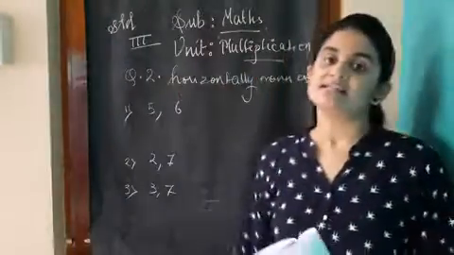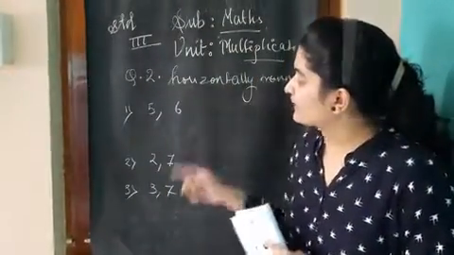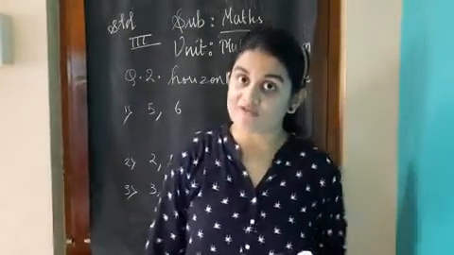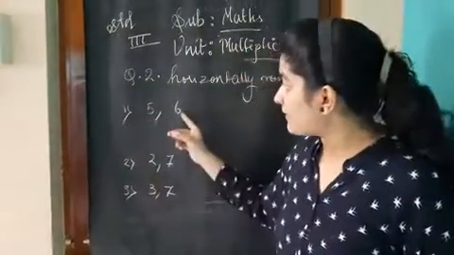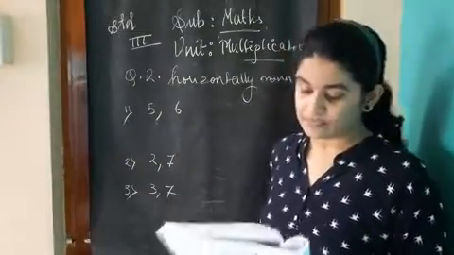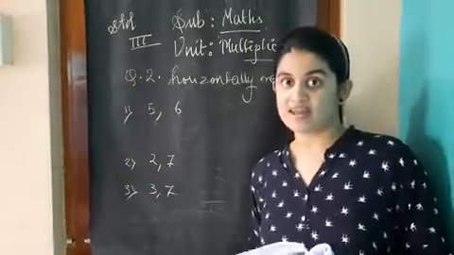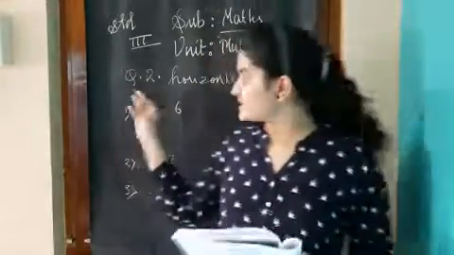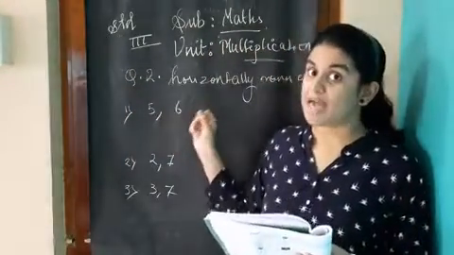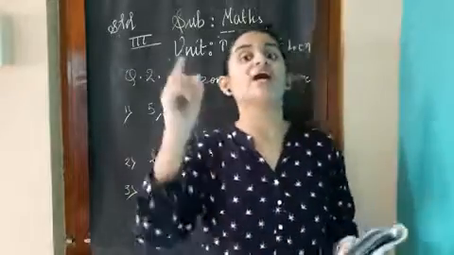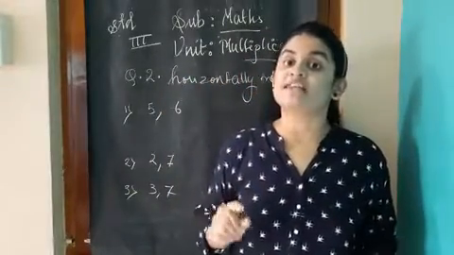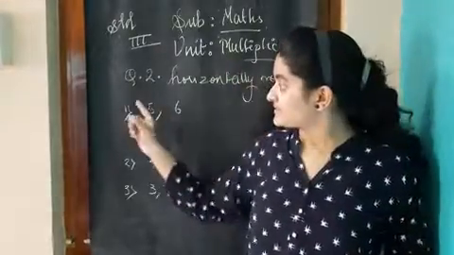So students, as you can see, I have written 3 questions on the blackboard. Now we have to arrange these numbers in horizontal manner. And after arranging these numbers in horizontal manner, we are going to write our final answer. So let us start solving with our first sum.